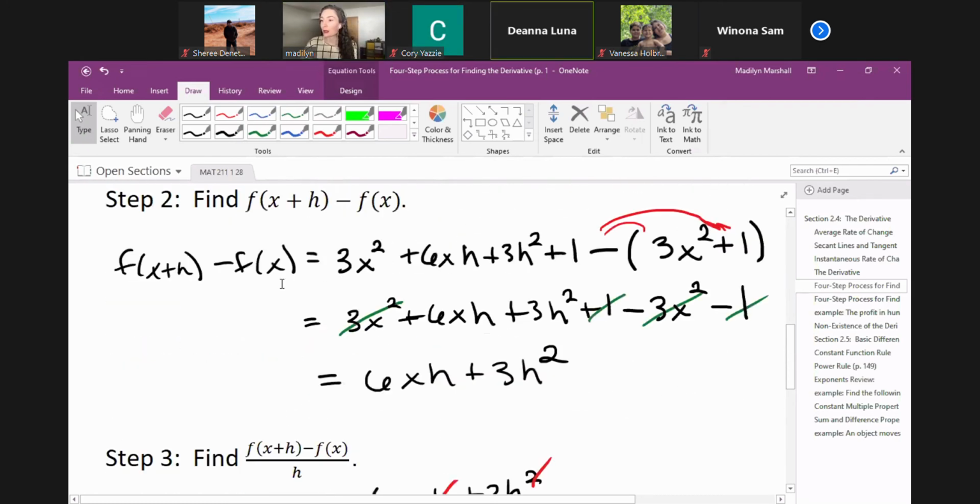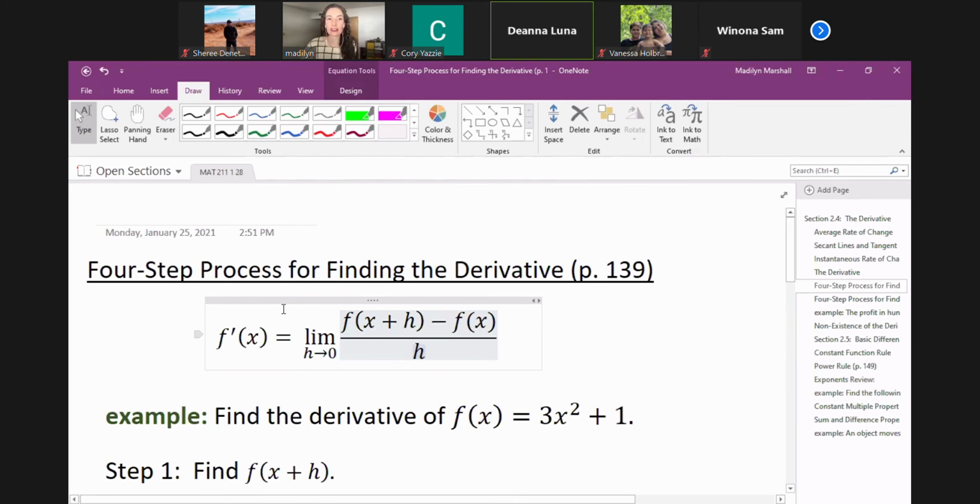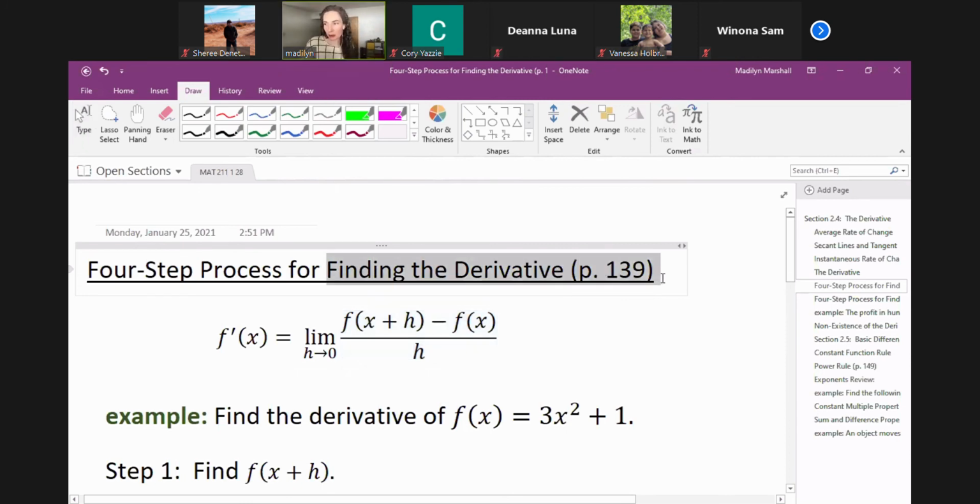What would we use this for in an everyday real world? Next week in section 2.7, we're going to do some business applications. So this would be like if we want to know how much profit is increasing or decreasing depending on how many units we're producing.